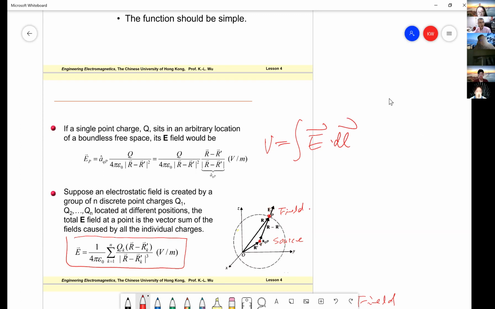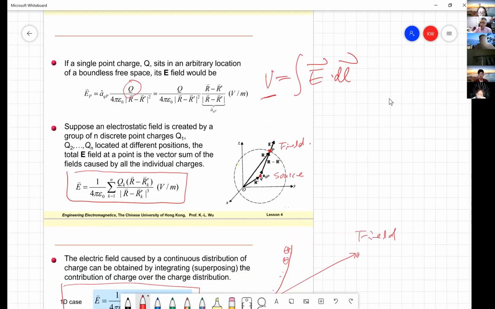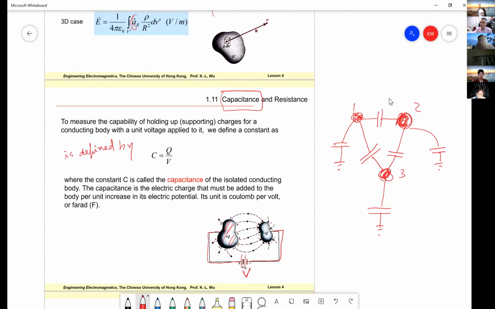The electrical field is proportional to Q, so V is proportional to Q. If V is Q times something, this something is equal to 1/C.